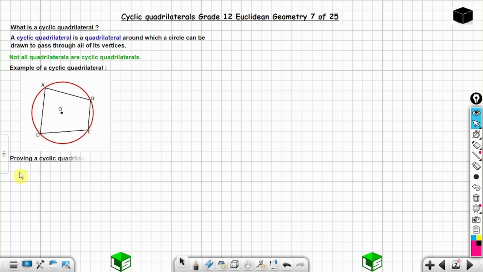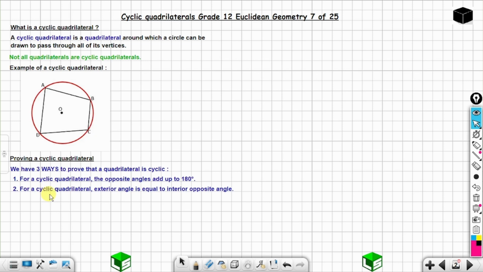Now, proving a cyclic quadrilateral. How can we prove that a quadrilateral is cyclic without drawing a circle around it? In Euclidean geometry, we have three ways to prove that a quadrilateral is cyclic. 1. For a cyclic quadrilateral, the opposite angles add up to 180 degrees. 2.